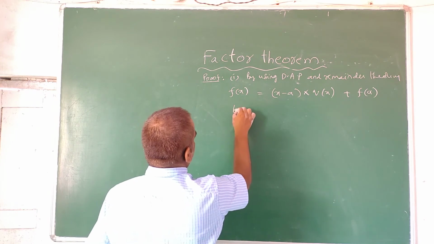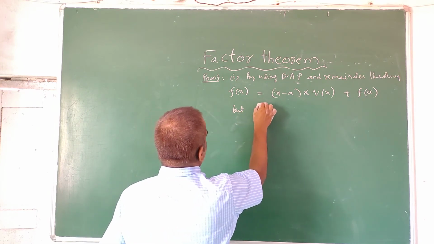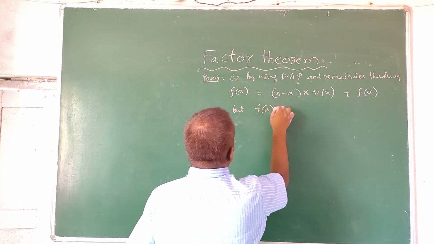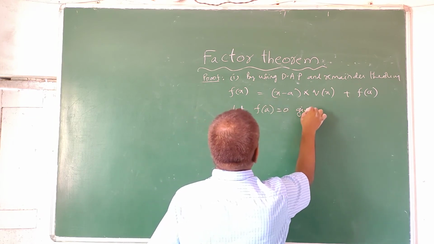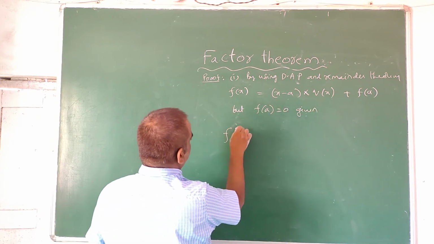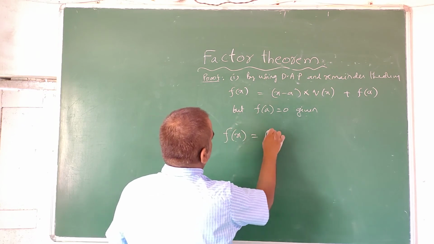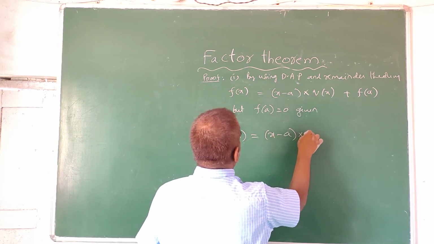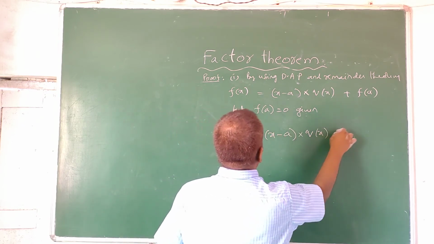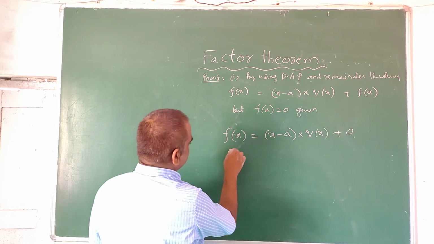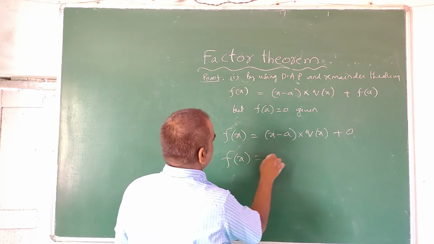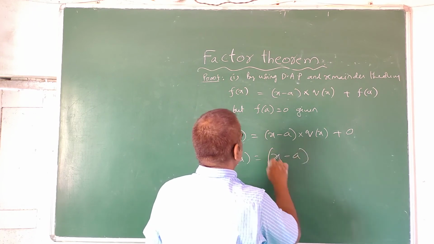But we are given that f of a is equal to 0. Therefore f of x is equal to x minus a into q of x plus 0, which is f of x is equal to x minus a into q of x.